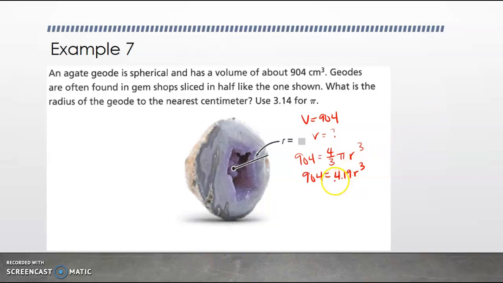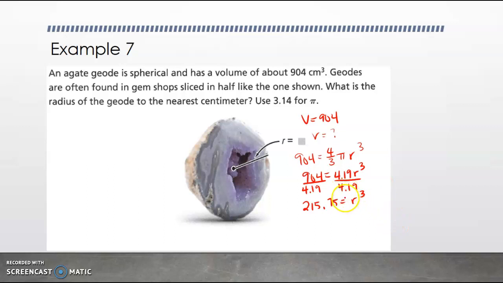I want to get r by itself, so I'm going to divide both sides by 4.19. And so 904 divided by 4.19 leaves us with 215.75, which is our r cubed. Now, with cones and cylinders, we were working with r squared.